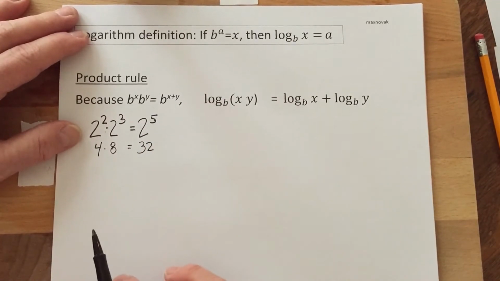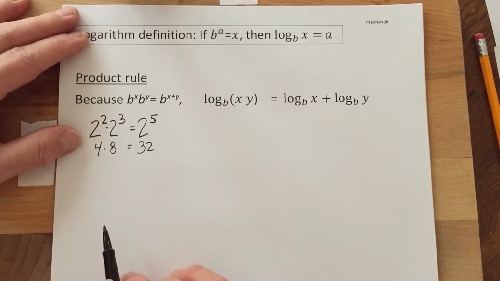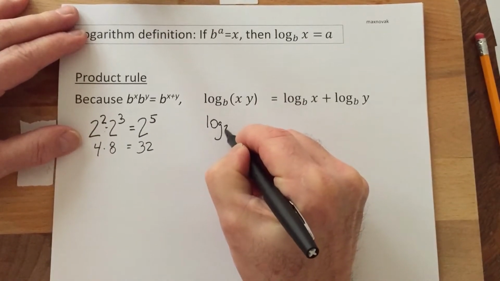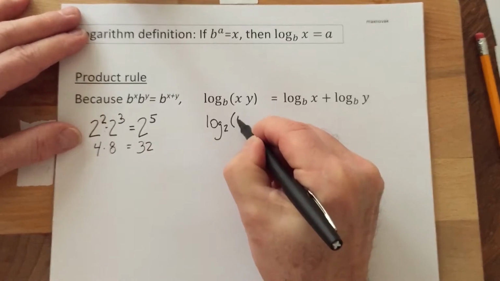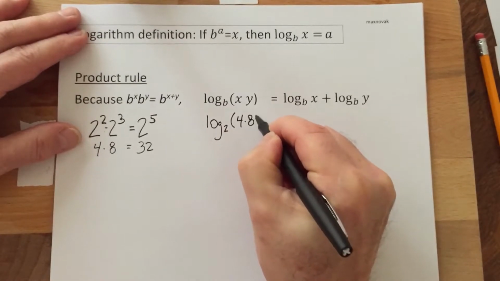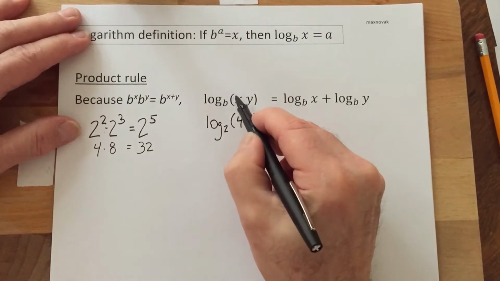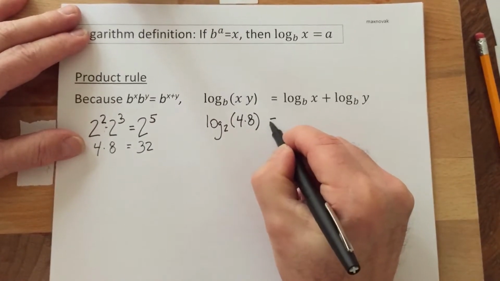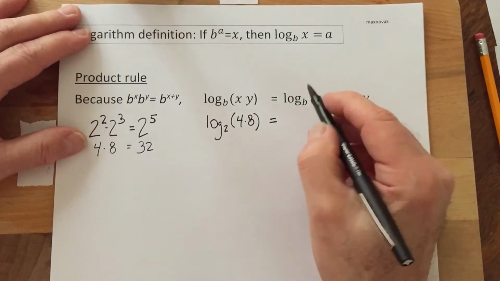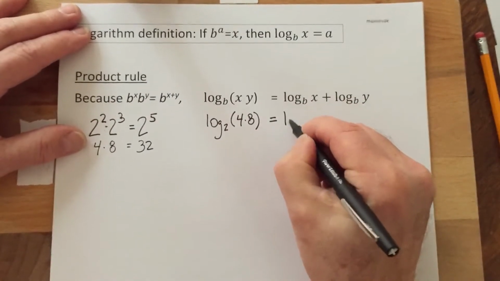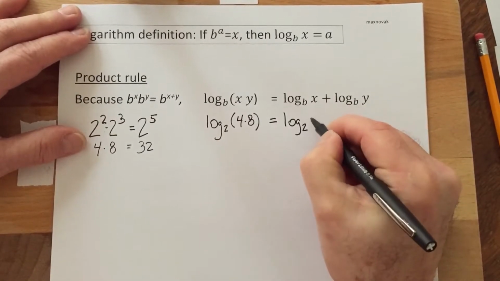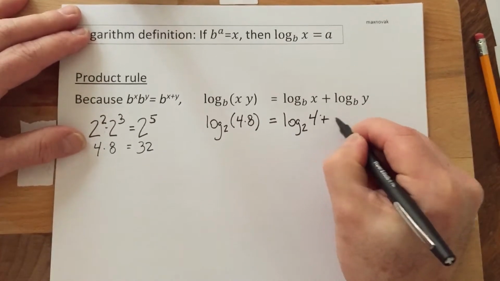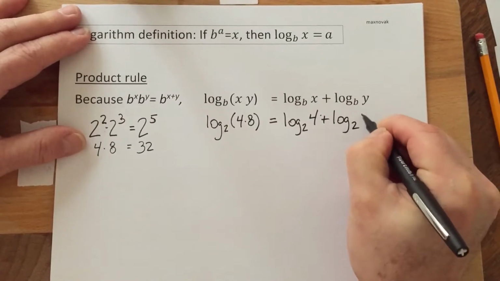Let's look at the equivalent rule for logs. So let's look at the log base 2 of 4 times 8. In this case, x is going to be 4, y is going to be 8. That's defined as, and this may seem a bit odd, but it's actually log base 2 of 4 plus the log base 2 of 8.